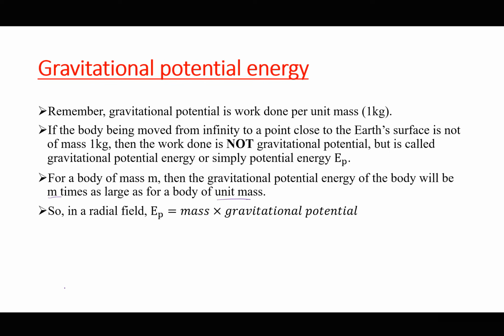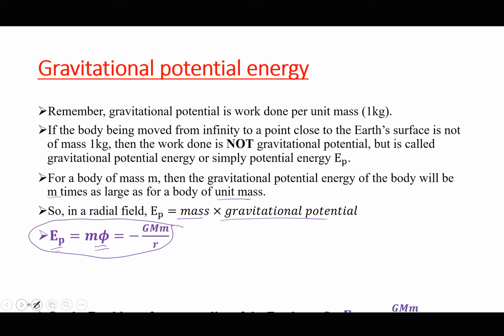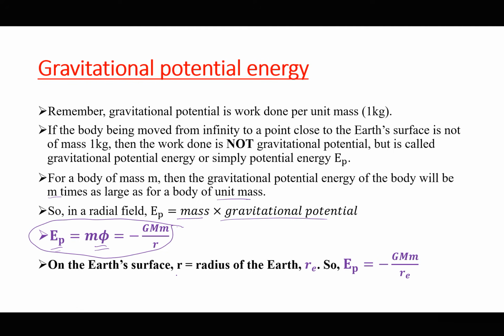So for a body of a mass m, its gravitational potential energy will be that mass times the gravitational potential, where the gravitational potential is given as phi, so the potential energy will be negative G capital M small m over R. There's no need of actually deriving that expression because it is direct. If we are considering the surface of the Earth, R is going to be the radius of the Earth represented by RE. Points to note, important points that we need to note.